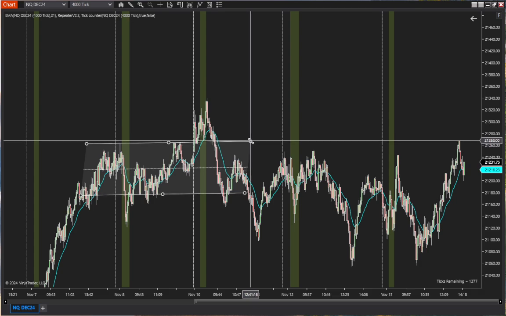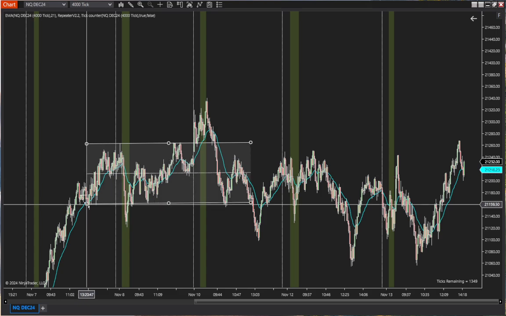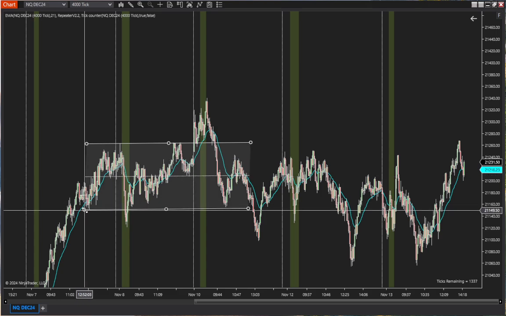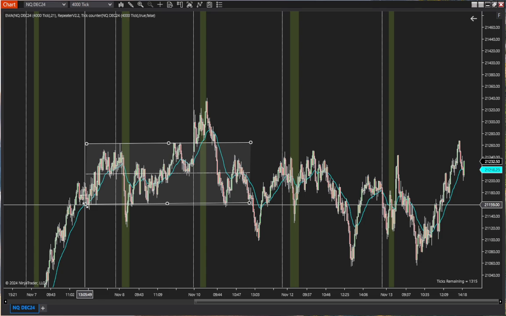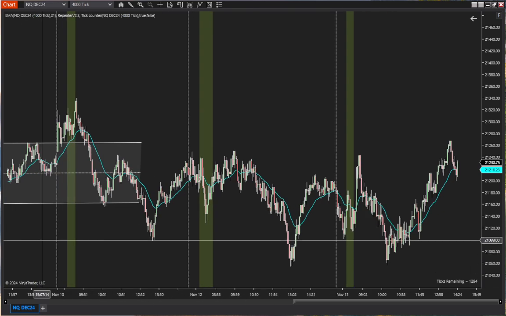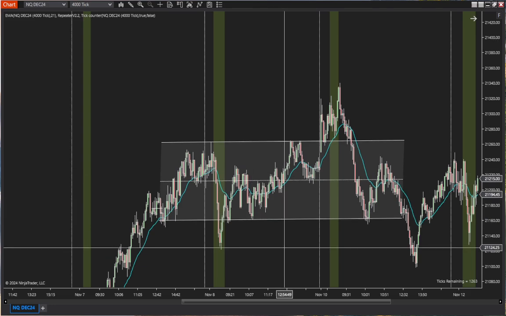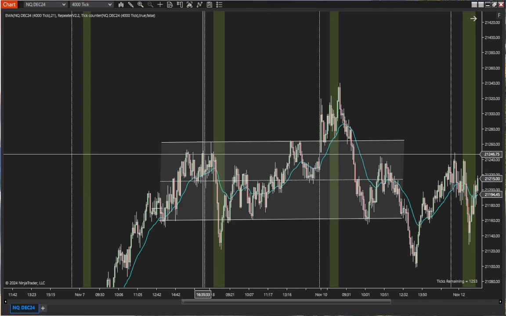But initially, I believe I had something like this, maybe down here. But what I like to look at is one thing, right? I like to have my range low broken and my range high broken, right? And when it breaks, I like it to go to the opposite side.